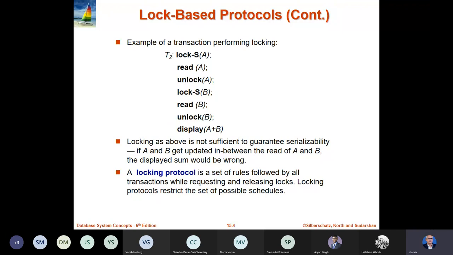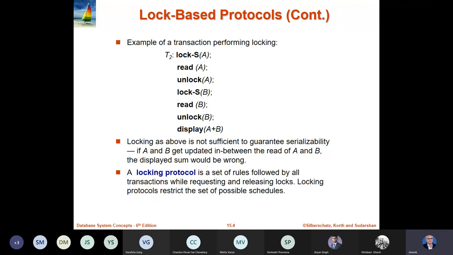Then it takes a shared lock on B, reads B, unlocks B. Now it has got the values of A and B, and displays A plus B. Locking as such, as you see, is not sufficient to guarantee serializability, because between the unlocking of A and the locking of B, other transactions might write the value of B also. Then A reads the original value, and B might read some changed value. So that might become wrong.